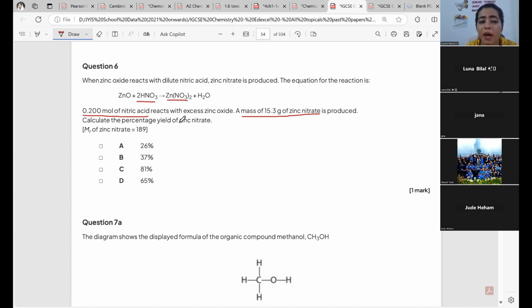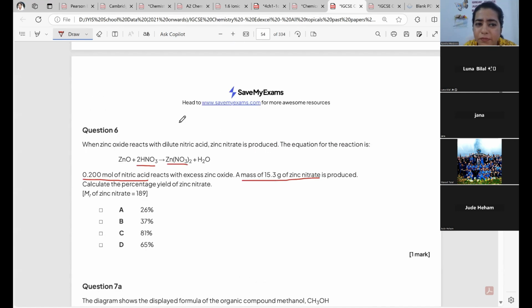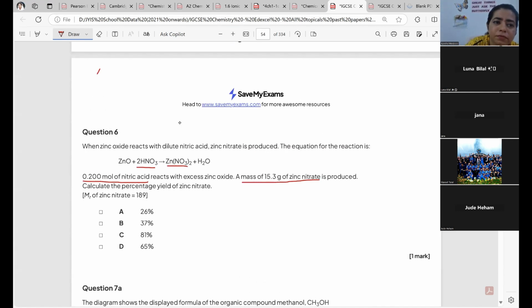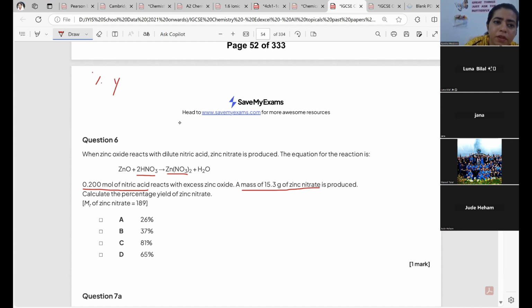Now, what is the formula of percentage yield? Anyone remember the formula?